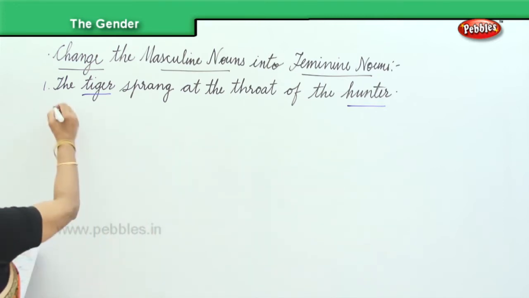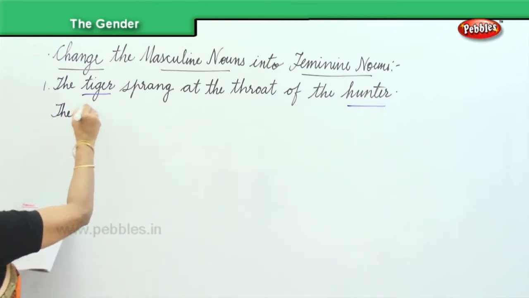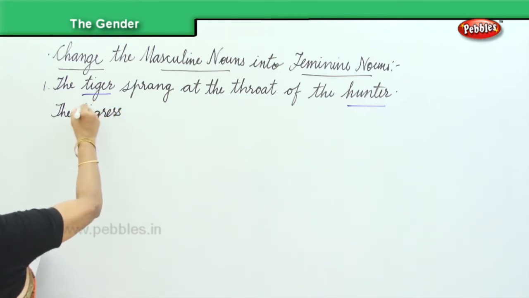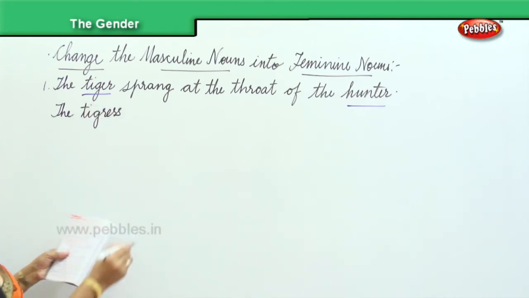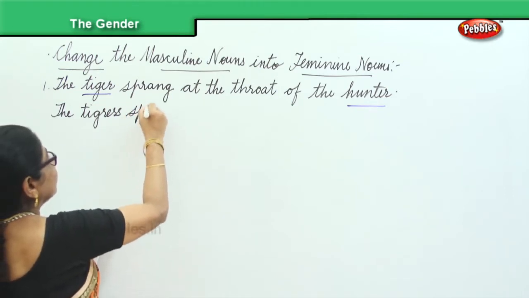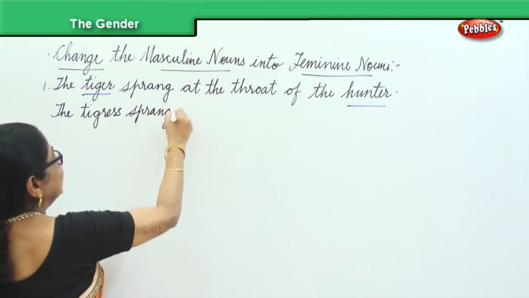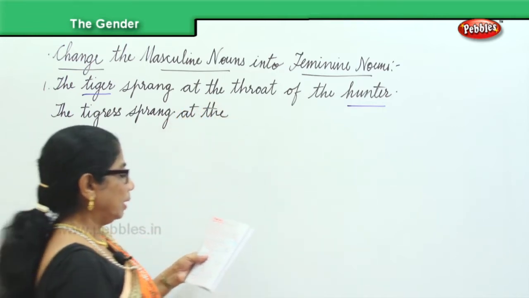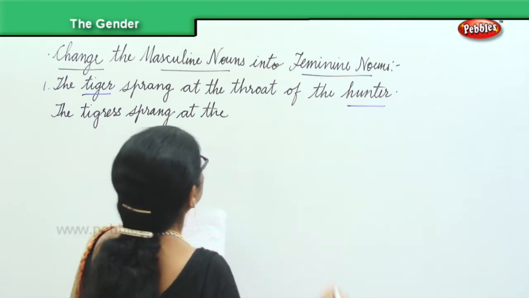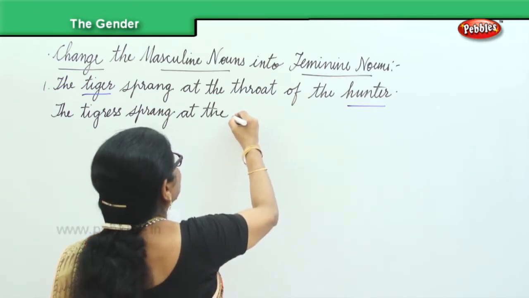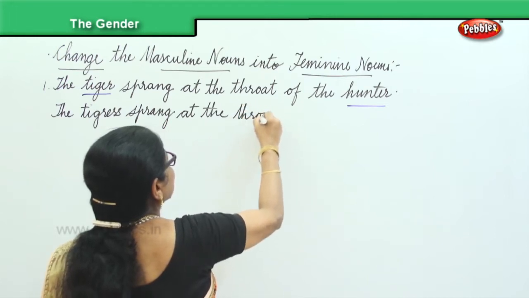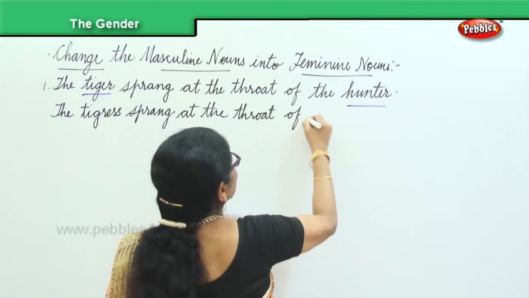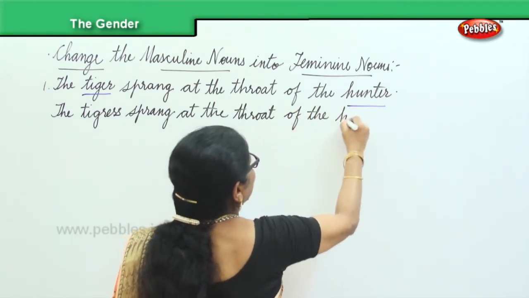So, the sentence will be: the tigress sprang at the throat of the huntress. Mind the spellings, okay?